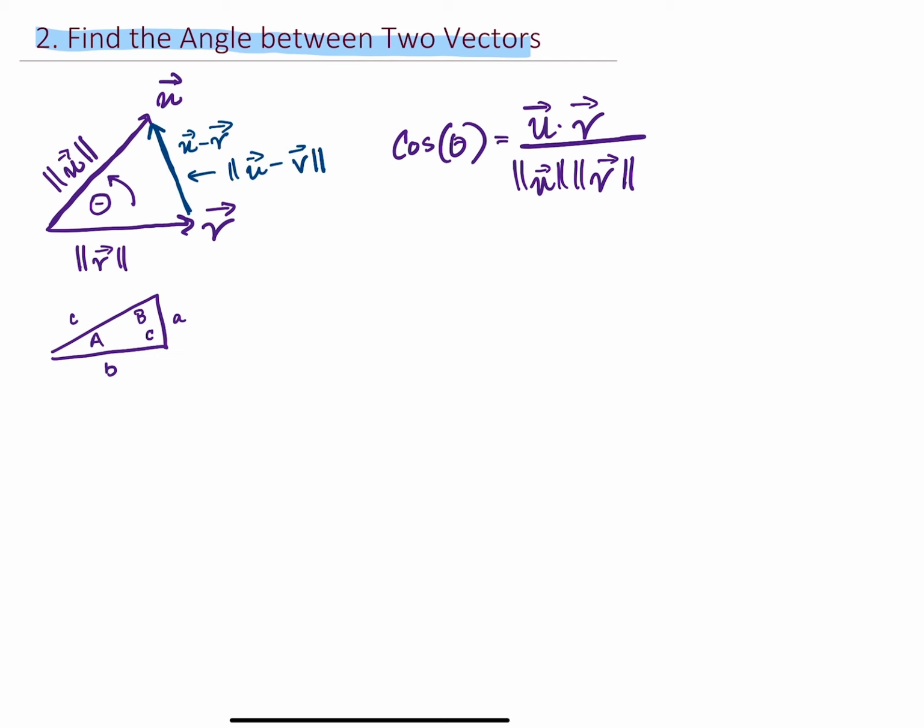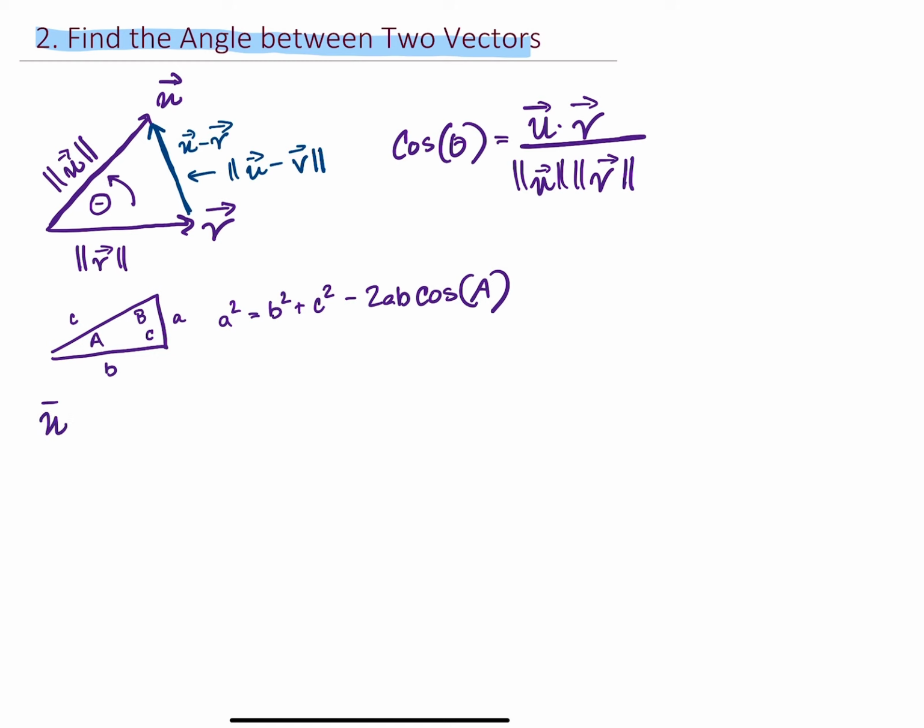By the law of cosines, we could say a squared equals b squared plus c squared minus 2bc times the cosine of angle A. So we can use this same equation with our triangle where our side lengths are described as the magnitudes of these vectors. So let's find some of these components. Let's define this a little bit more concretely.